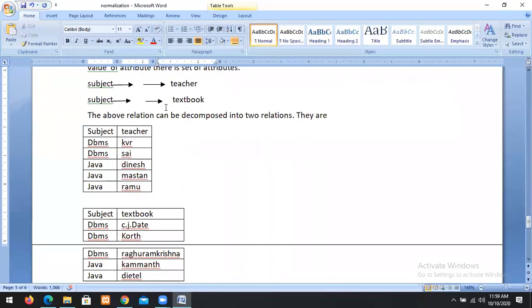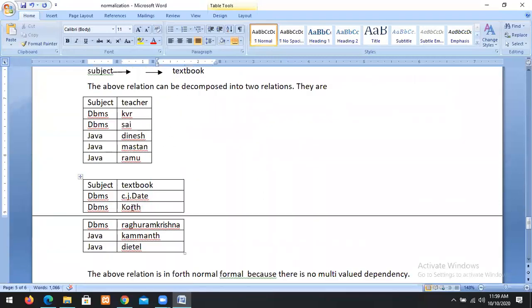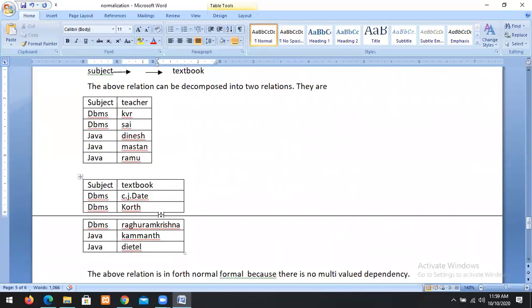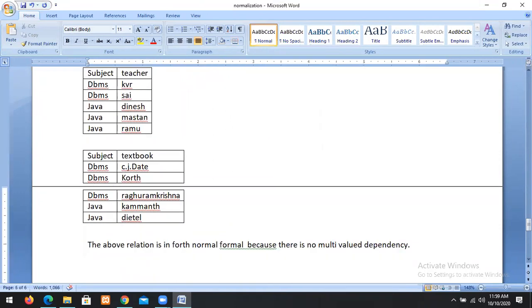That dependency is decomposed into two relations like this. When we divide the relation into two relations, each relation will have two attributes. If the relation has two attributes, there is no multi-value. If there is more than one, there will be a multi-valued. Here we have only two. That's why there is no multi-value dependency. Next we go for fifth normal form.